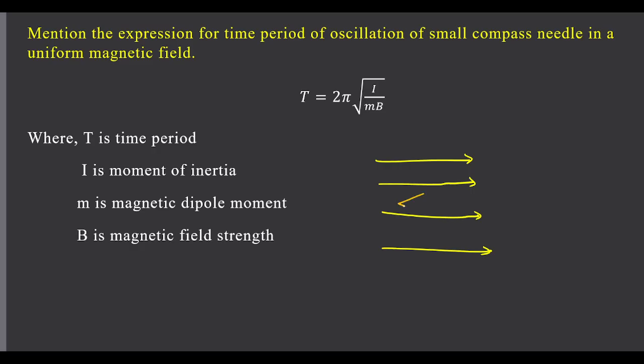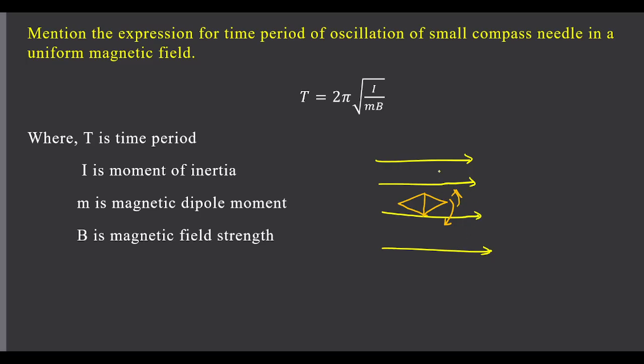So there is a north pole and a south pole in it. If you pull it to one side and leave, what happens? It oscillates. It oscillates in a to and fro direction, it first comes to the right side and then moves to the left side. So oscillations will be there.